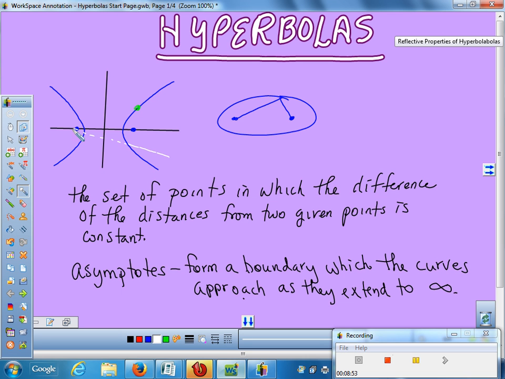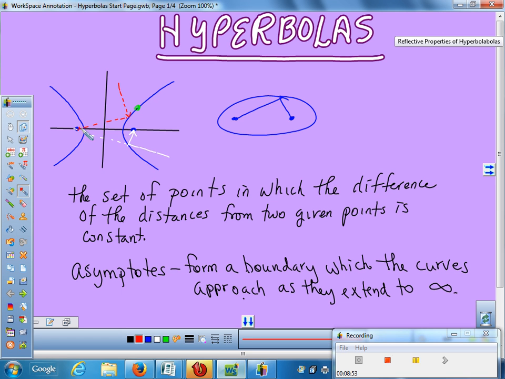Where's it going to go? It's going to bounce to that other focus. But if I'm on the outside, and I'm shooting toward this focus, when I hit that outside branch, it's still going to bounce toward the other focus. So either way you go, you're going to bounce.